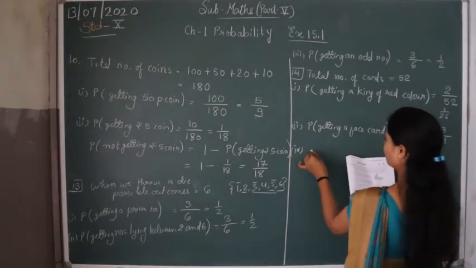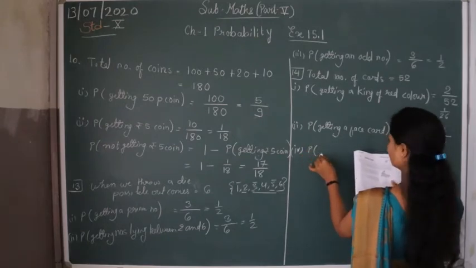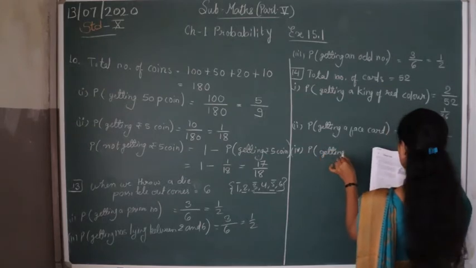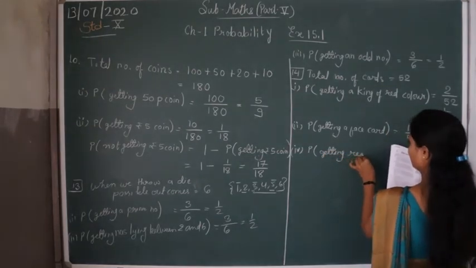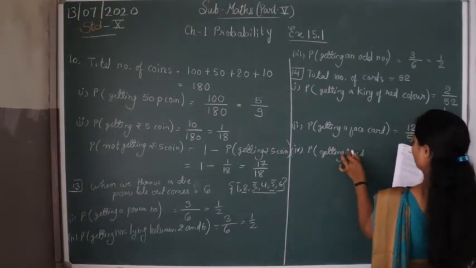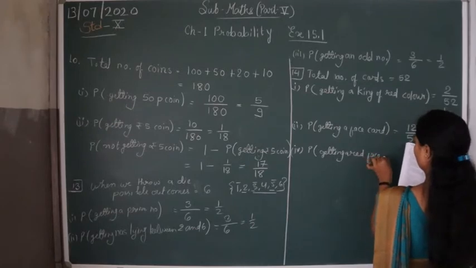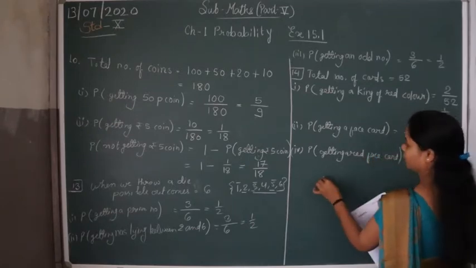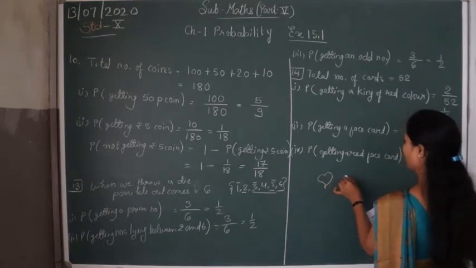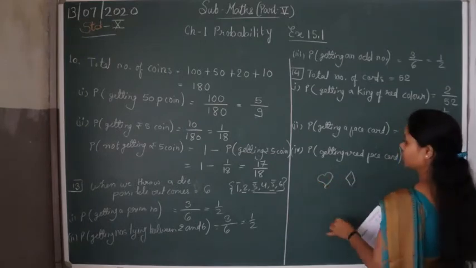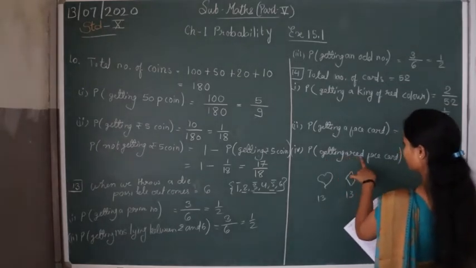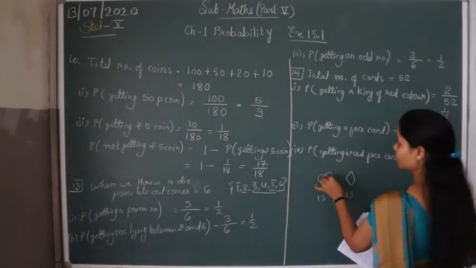Then the probability of getting a red face card. Red cards are hearts and diamonds, 13 and 13. And how many red face cards are there?